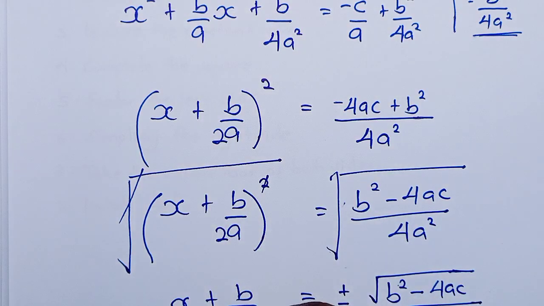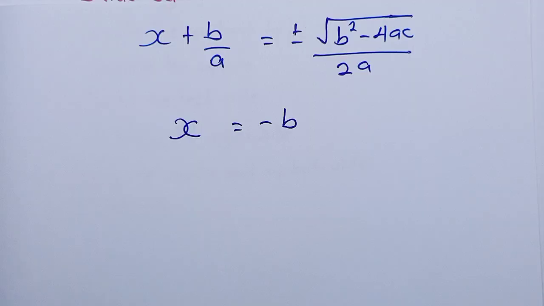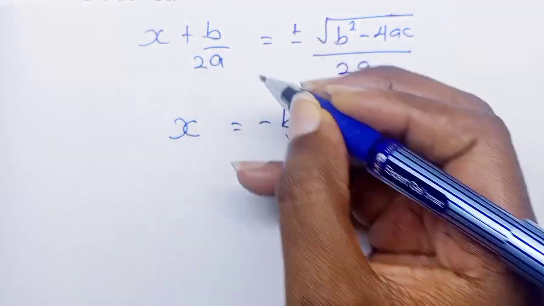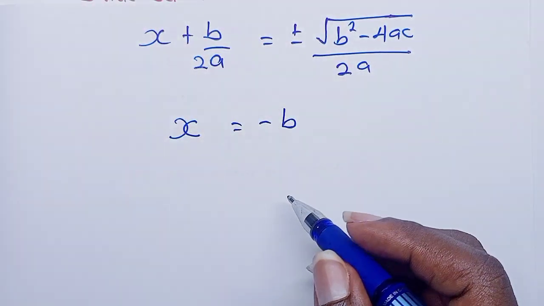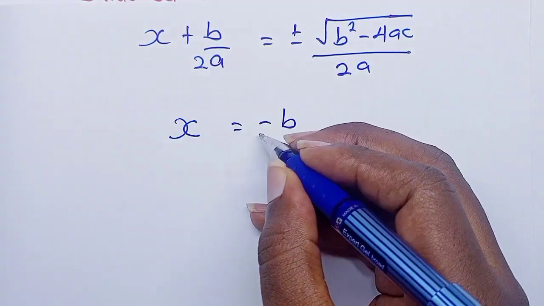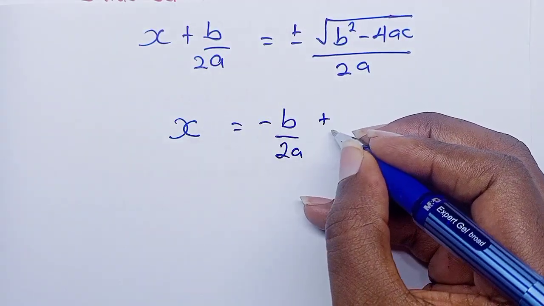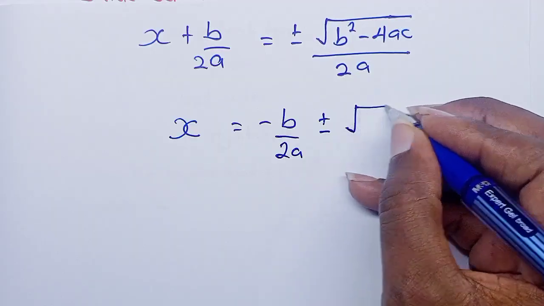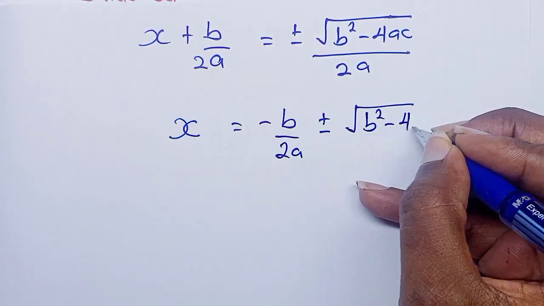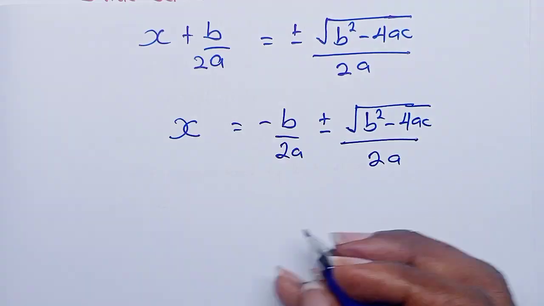This is 2a, this is 2a, and this is 2a. So we take b over 2a to this side, so we shall have minus b over 2a, then plus or minus root of b squared minus 4ac over 2a.